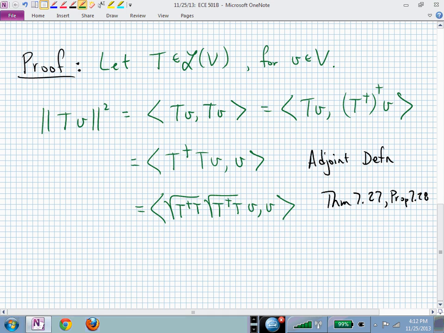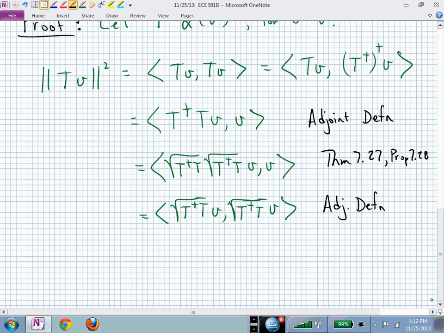We can now say that this inner product is now the square root of T adjoint T V, with the square root of T adjoint T V. Again, this is just from the definition of the adjoint.